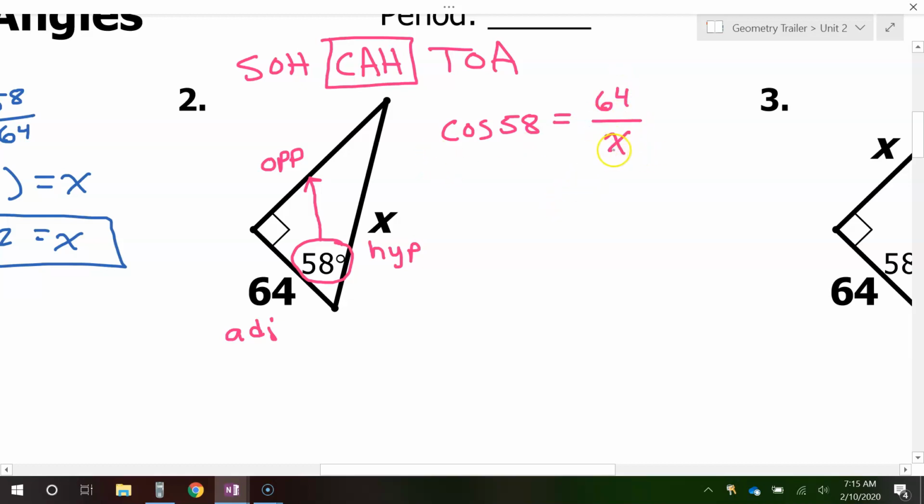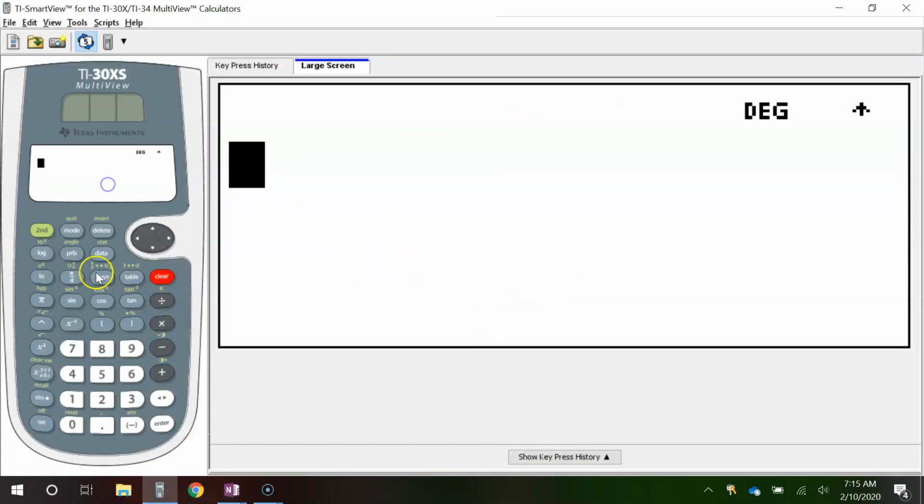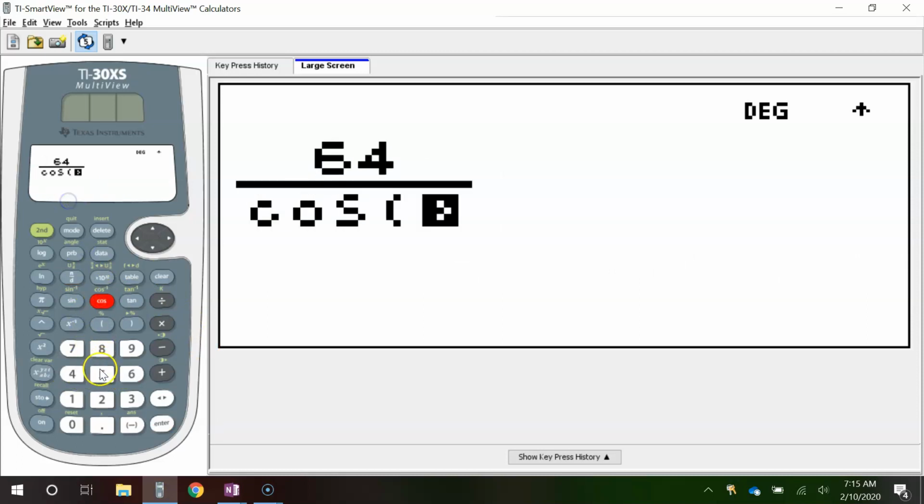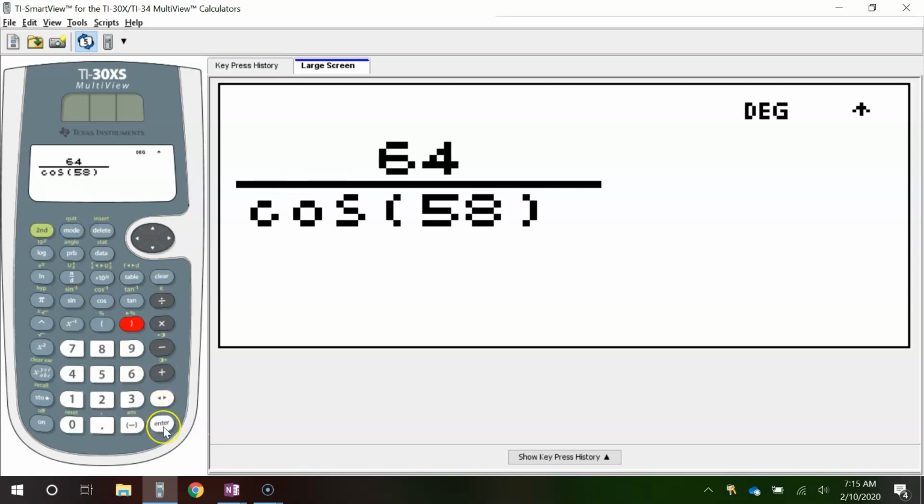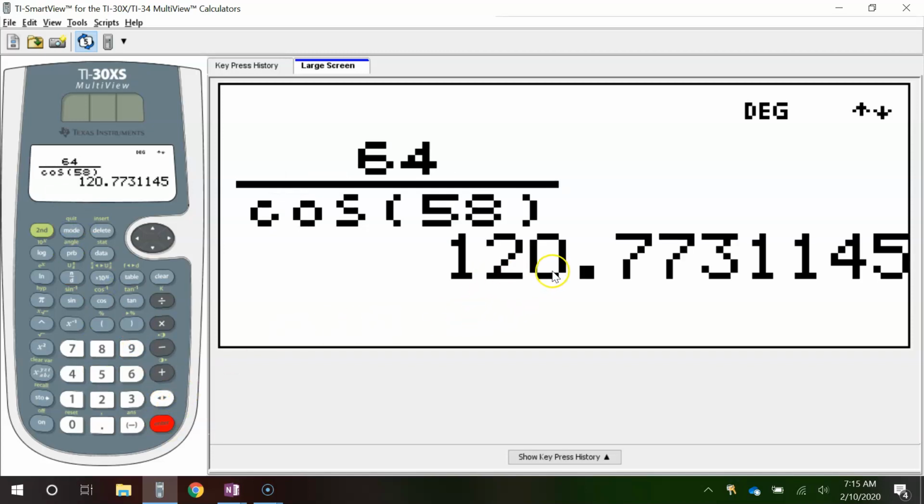When the variable is in the denominator, that is when you swap these. Okay, so the x is going to end up over here, and the cosine of 58 is going to end up over there. So to the calculator, 64 over cosine 58. So that is 120.773.